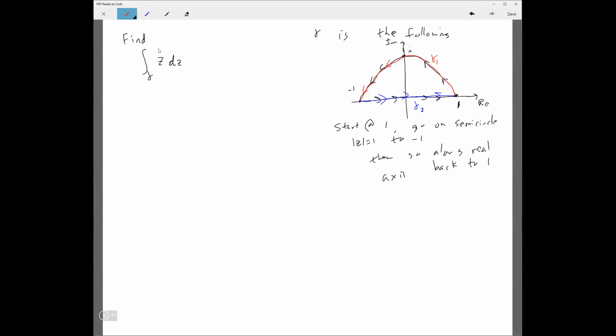So then your integral is going to be the integral along gamma 1 plus the integral along gamma 2. Okay, so what's the parameterization for gamma 1?